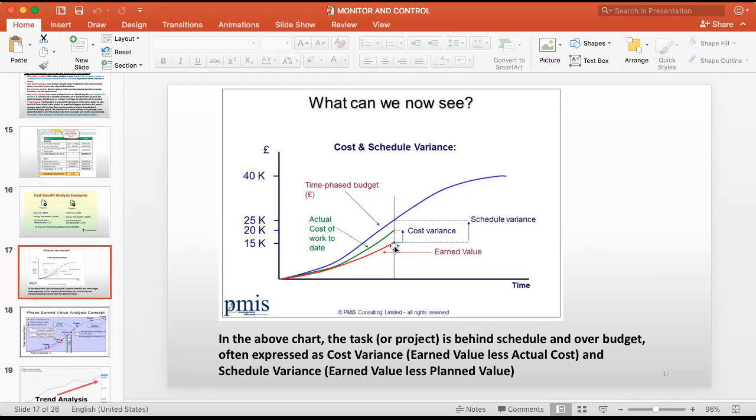You have earned less value. Even though you have spent that much, you have earned less, but your cost is high. You do some work, submit your bill and get the money. So for your submitted bill you are getting a value, but you have spent more for that.